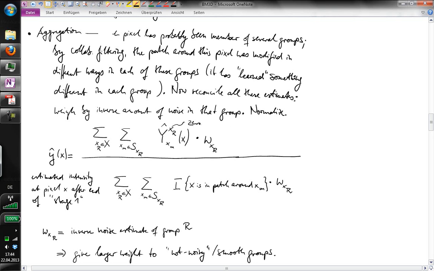So Y hat as a whole here has been 0 padded, which means that, let's say this is the location of my pixel X, and the patch that I am pointing out here would be, if I take the noisy version, Z, X, M, X, R, where R is essentially the index for the group, and XM is an index for the group member.